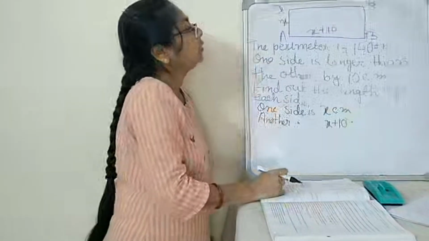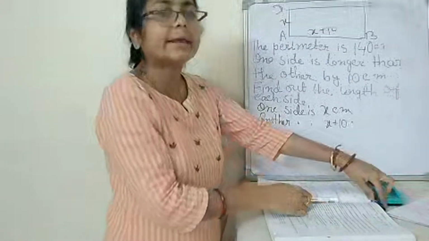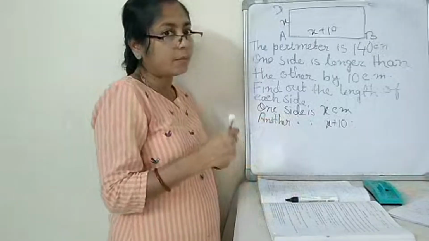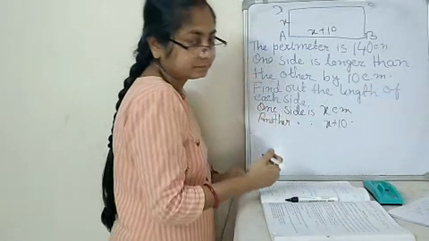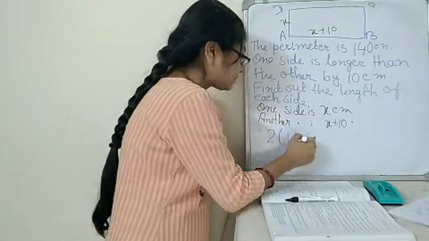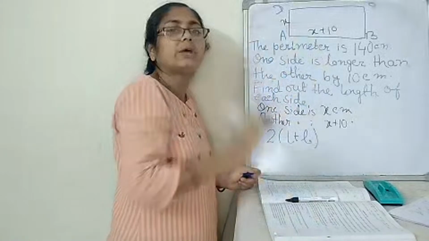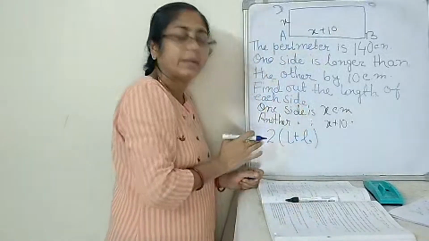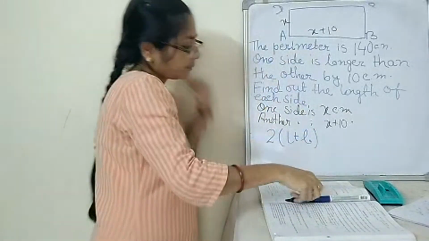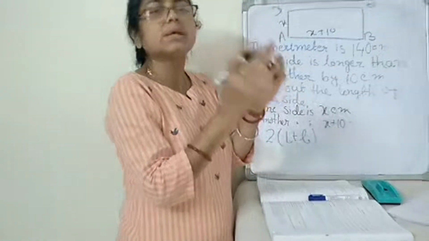Now listen. What is the formula of perimeter? Can anyone tell? It is 2(L plus B). Clear? Now I put the values of L and B. In general, L is the bigger part and B is the smaller part.